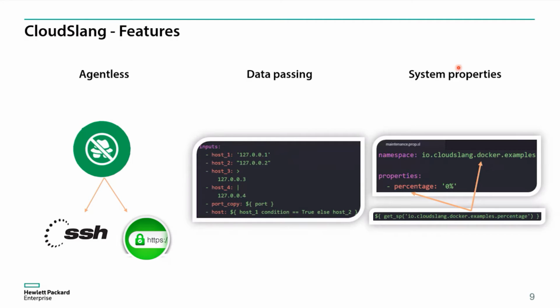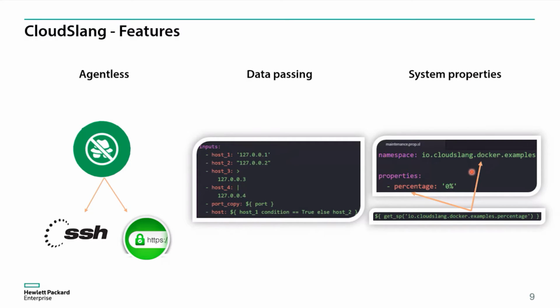We also have system properties. In terms of system properties, you might be familiar with those as a concept from OO. It's pretty similar with a few changes because it relates to the CloudSlang language.